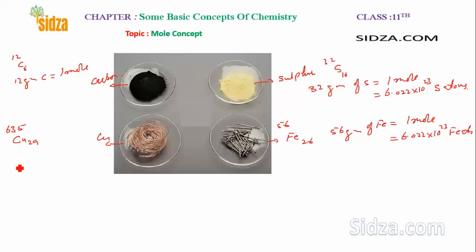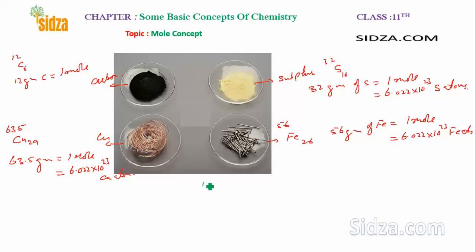So therefore 63.5 grams of the copper will be equal to 1 mole of the copper, which is equal to 6.022 times 10 power 23 copper atoms, right? So what we have learned so far, that atomic mass of an element expressed in grams is the molar mass, contains 1 mole of that element.